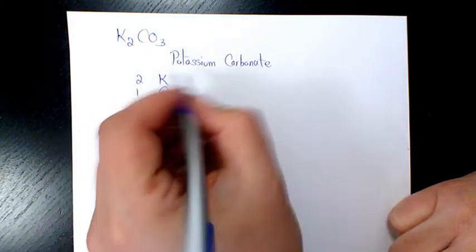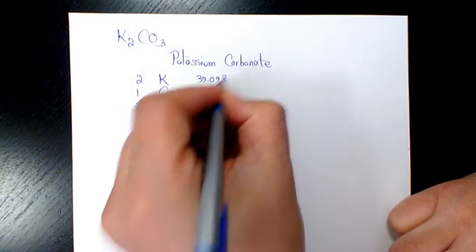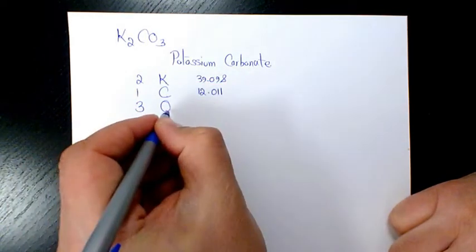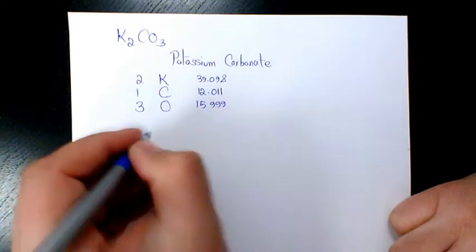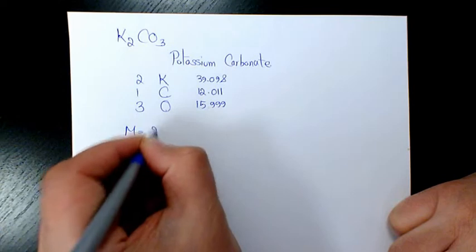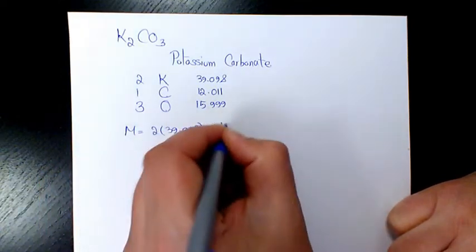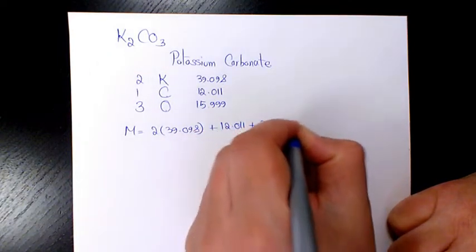So potassium is going to be 39.098, carbon is going to be 12.011, oxygen is 15.999. So the molar mass is going to be 2 times 39.098 plus 12.011, 3 times 15.999.